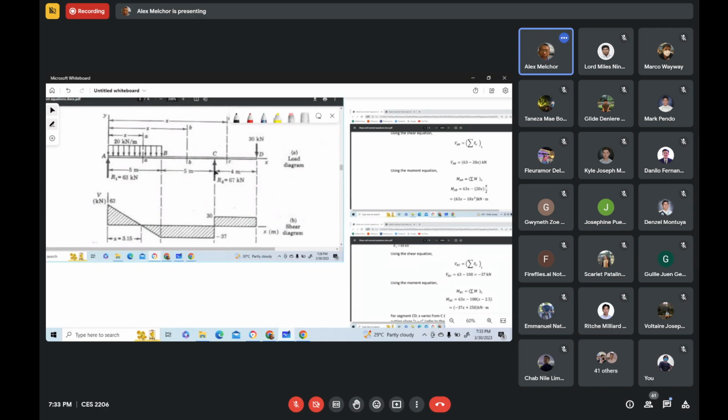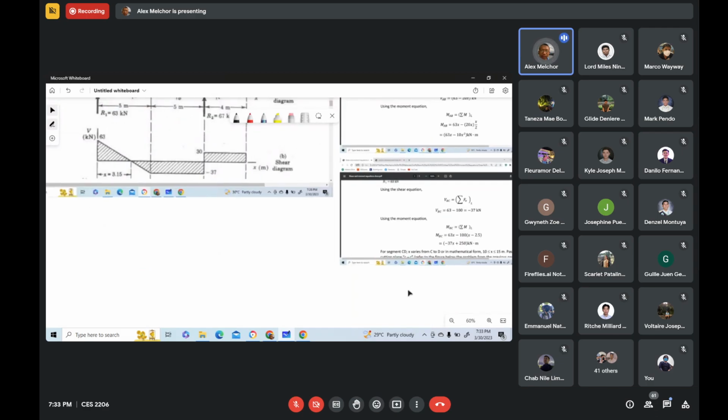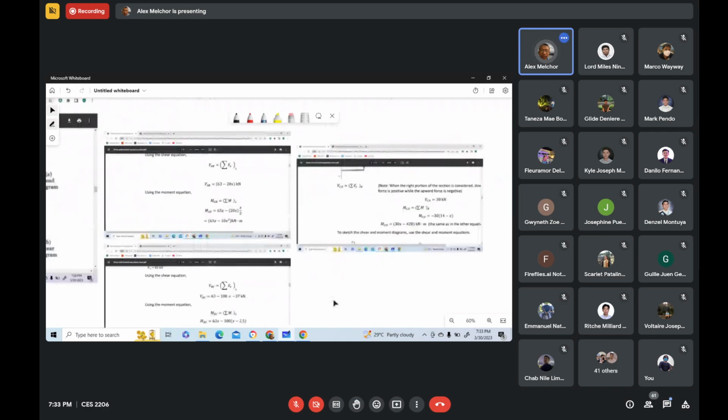Then we determine the shear considering an infinitesimal distance to the right of C. Okay. So to the right of C, that is in segment CD already. So we use the shear equation for segment CD. So where is that shear equation for segment CD? For segment CD, we have this shear equation, 30.